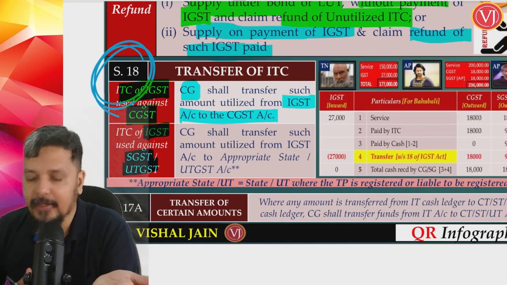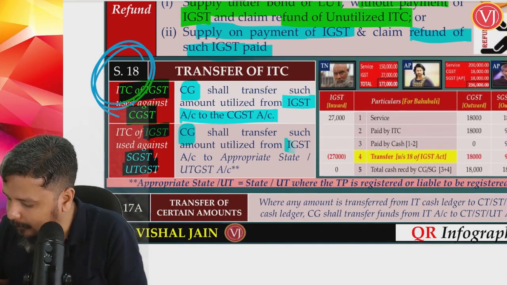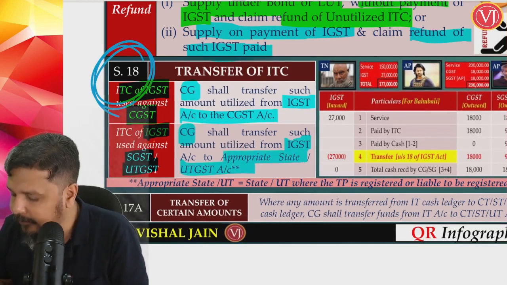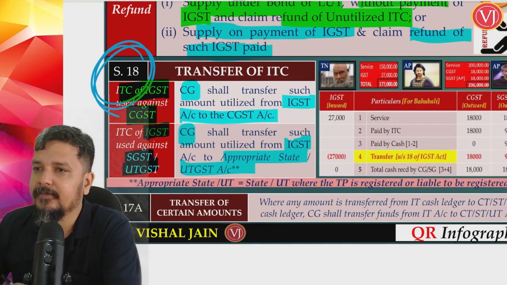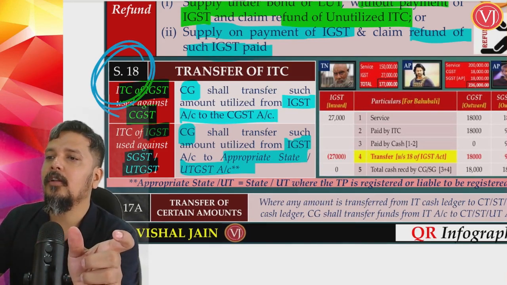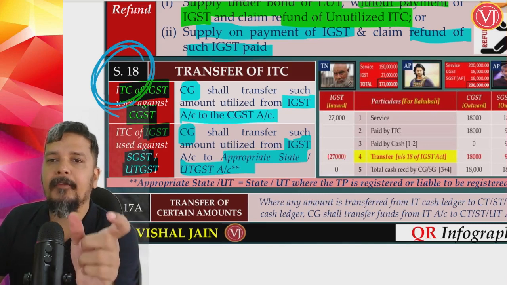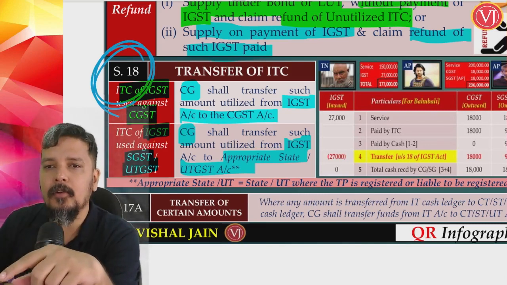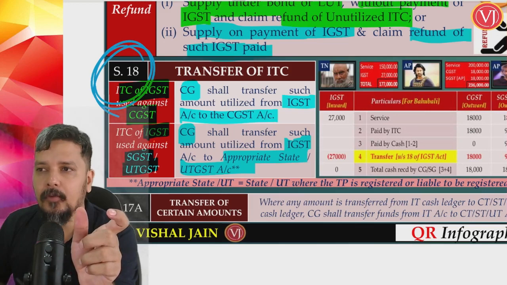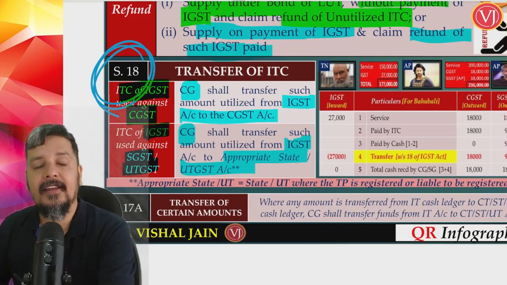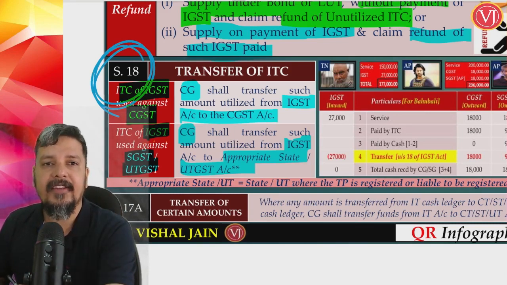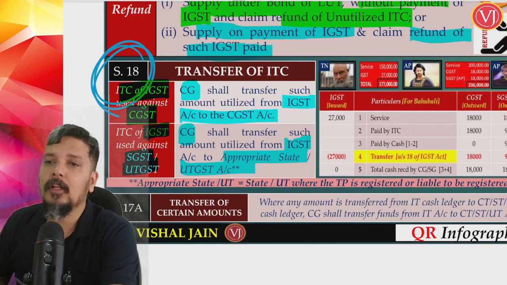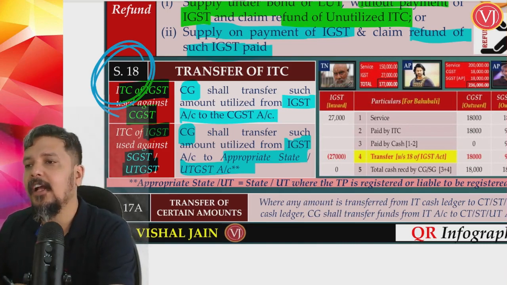Don't you think the central government should now transfer the amount from the IGST pocket to the respective state? So that transfer will happen. When IGST input is used for CGST output, the central government will make that amount permanently transferred to CGST. When IGST input is used for SGST or UTGST output, the central government will transfer that amount from the IGST pocket and give it to the state government or the union territory. It is not just a book entry; now it has to give it.